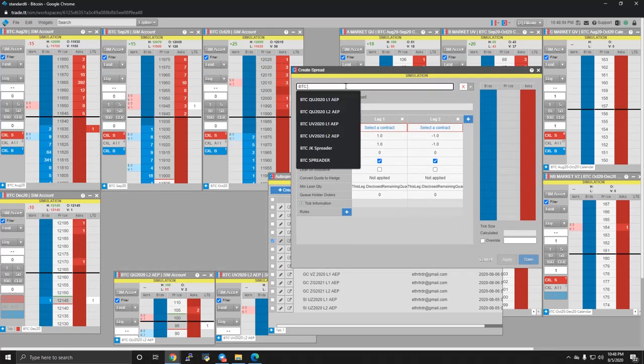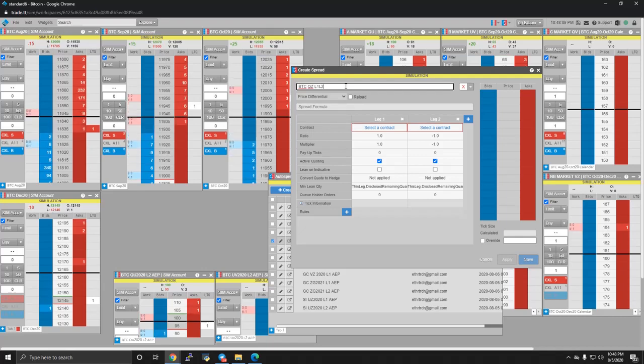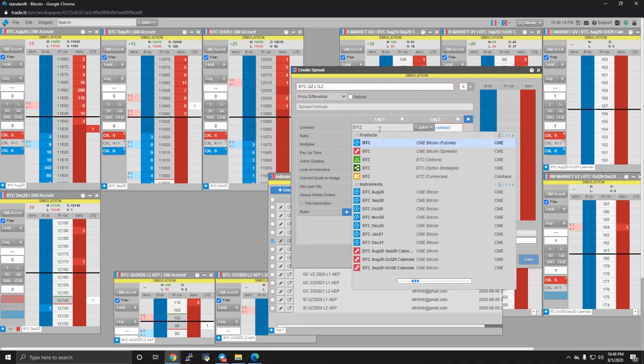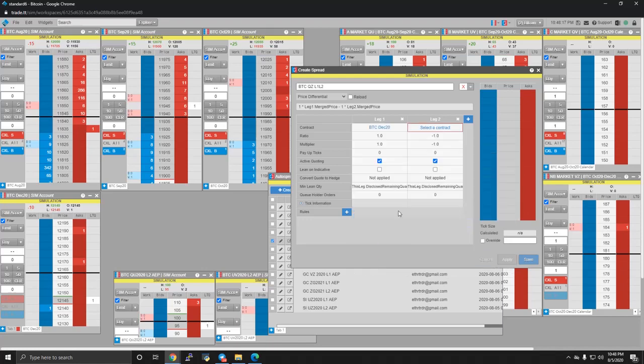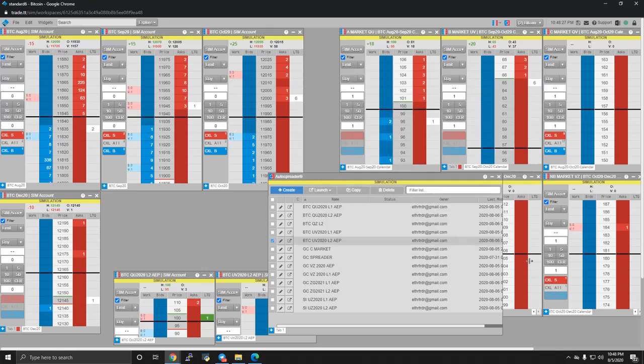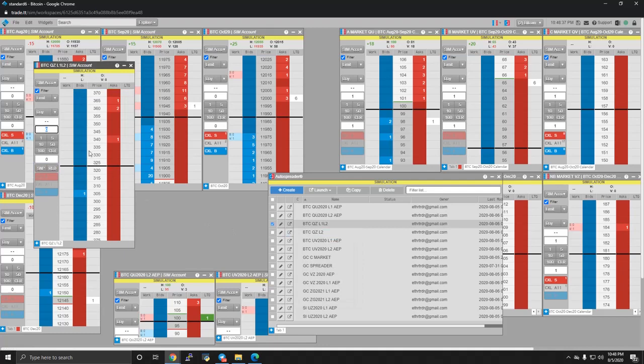So BTC QZ leg 1, leg 2, and we will do BTC December, BTC August, and looks good. So that's now launched that spread, the QZ leg 1, leg 2, and we will bid and offer this thing.